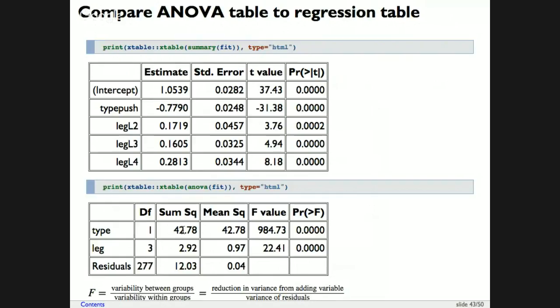The mean squares is the sum of squares divided by the degrees of freedom. The F value is this mean squares divided by the residual mean squares. And this probability of greater than F is based on the F distribution with here 1 and 277 degrees of freedom.